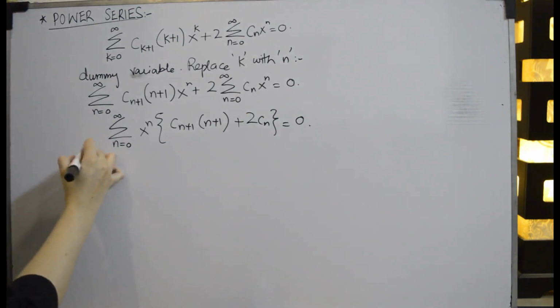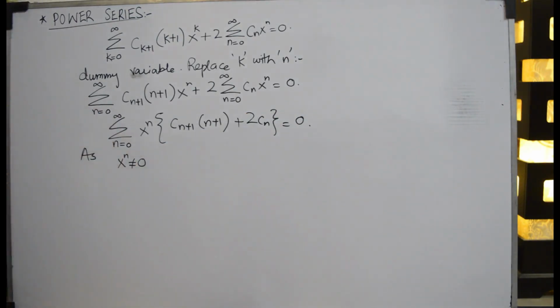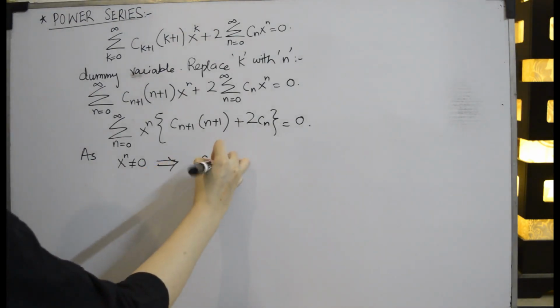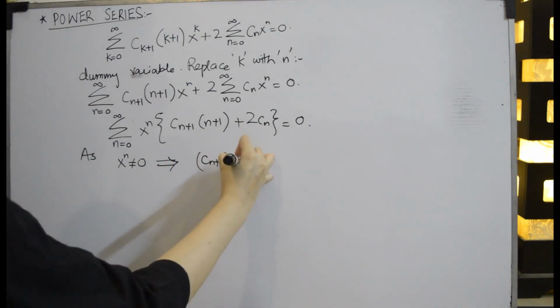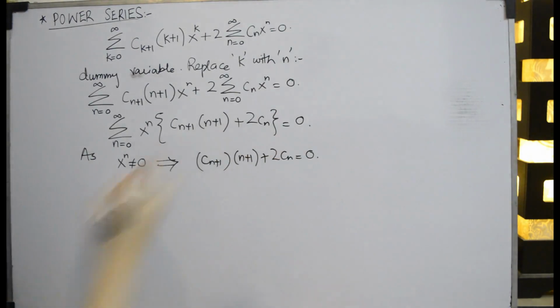As you know, x to the power n can never be equal to 0. If n is any kind of integer, any kind of rational or irrational number, it can never be equal to 0. So that means this relation, Cn plus 1 into n plus 1 plus 2 Cn, is equal to 0.